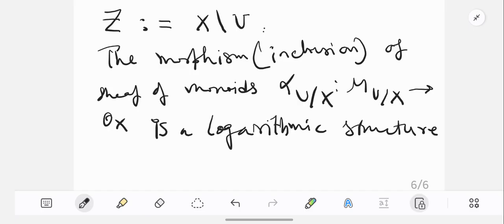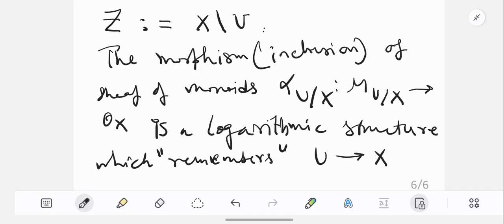In good cases this remembers the inclusion from U to X.